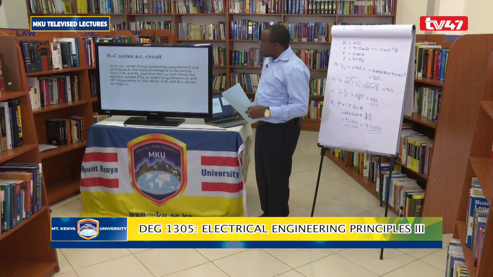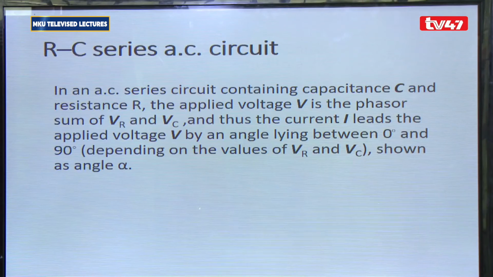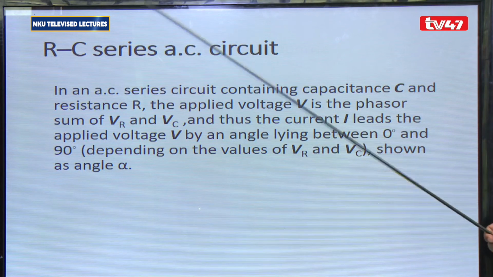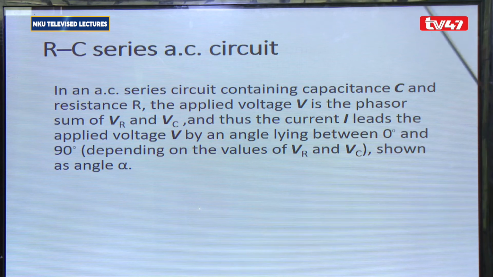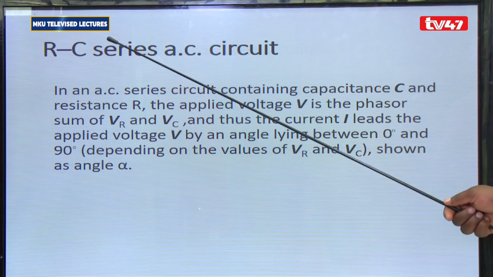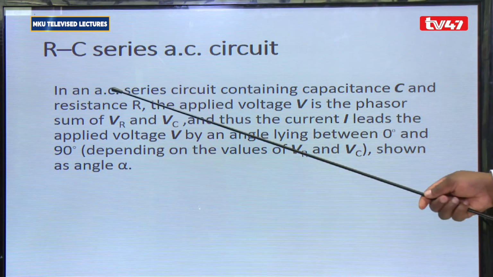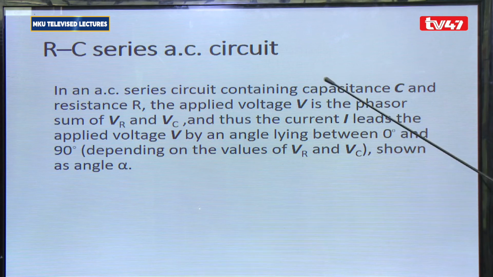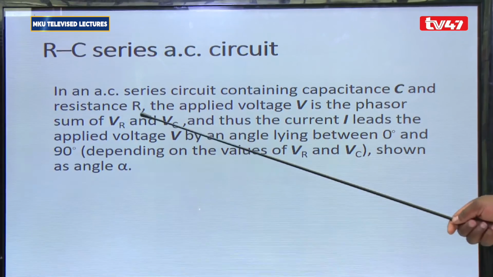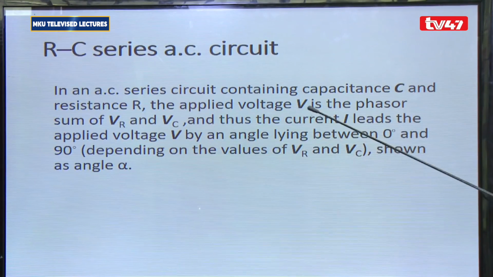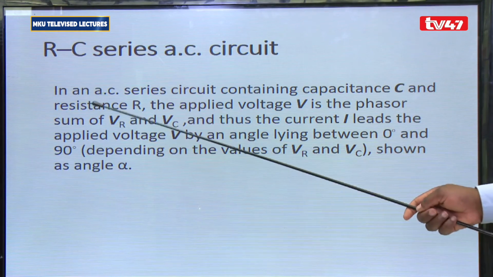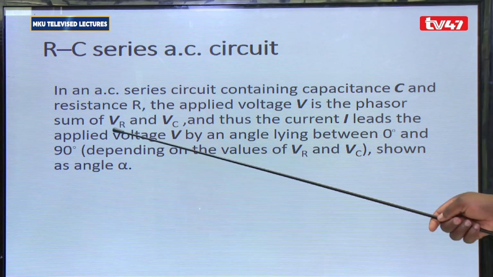Now, from there, we have the RC, or resistor and capacitor series circuits. This is when you have a resistor connected in series with a capacitor. The circuit is an AC series circuit containing a capacitance C and a resistance R. The applied voltage V is the phasor sum of VR and VC.